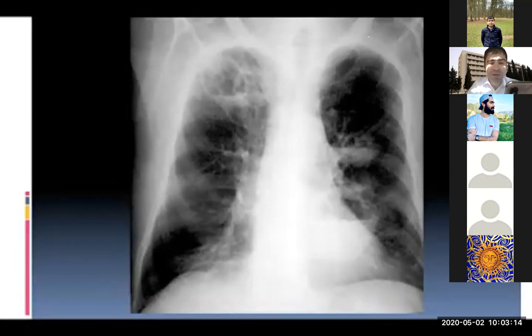Okay, if you go through A, the airway, and B, the bones, and C, if you concentrate on the cardiac shadow and the mediastinum.